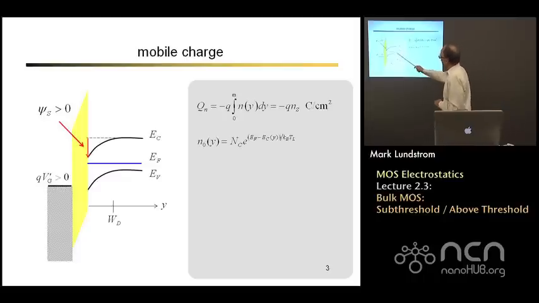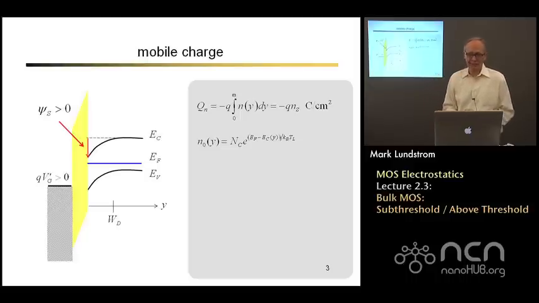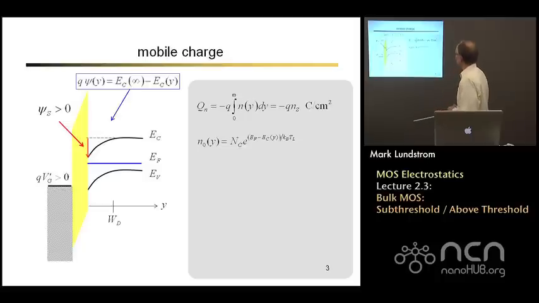Now, this electron density as a function of position is something that's easy to understand. We're in equilibrium, the Fermi levels are flat, there's no current flow. So our relation between the electron density and the Fermi level is the equilibrium one. It just depends on the location of the conduction band edge, and that's varying with electrostatic potential.